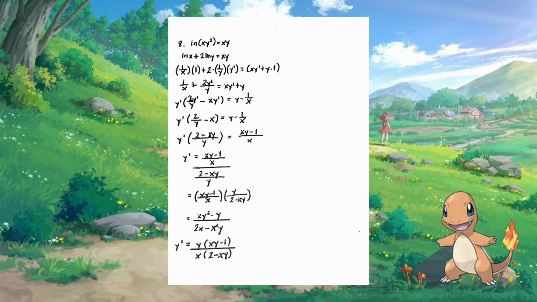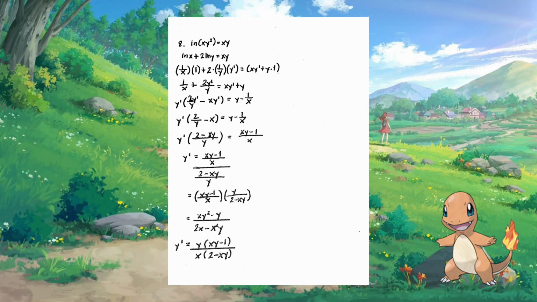And we're going to divide both sides by the quantity 2 minus xy over y, so we'll be left with y prime on the left side. This will be y prime is equal to xy minus 1 over x divided by 2 minus xy over y.